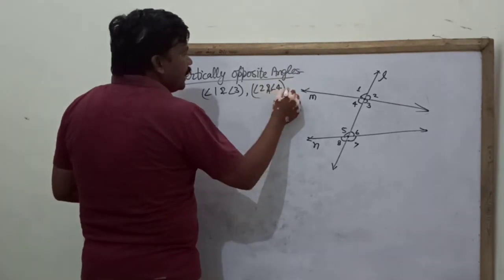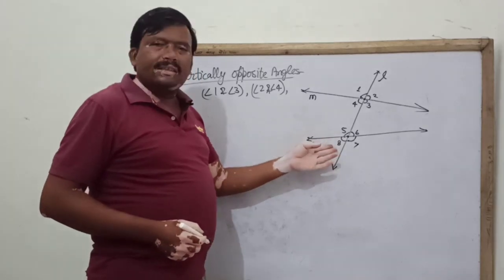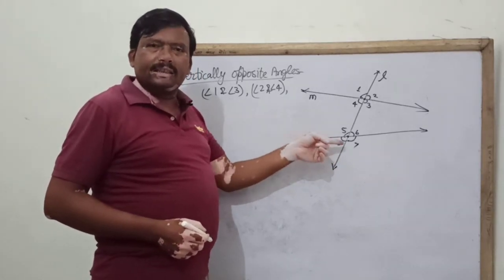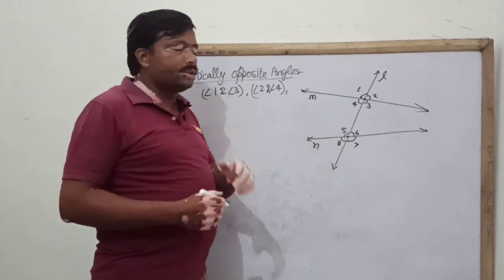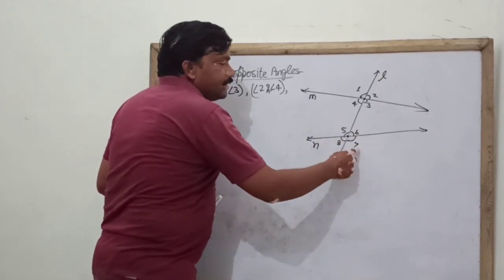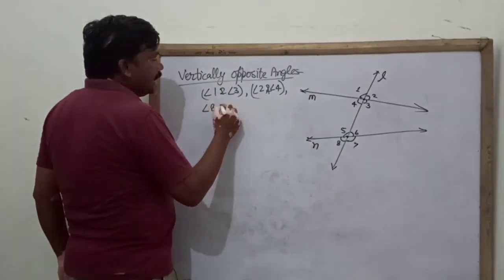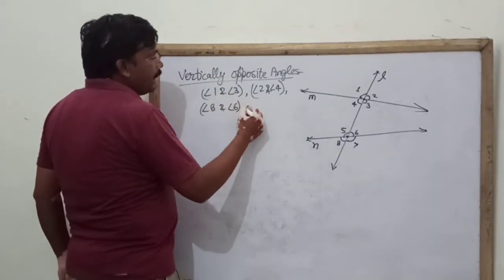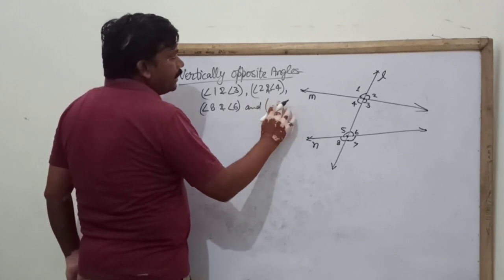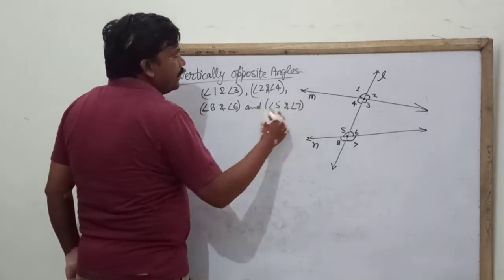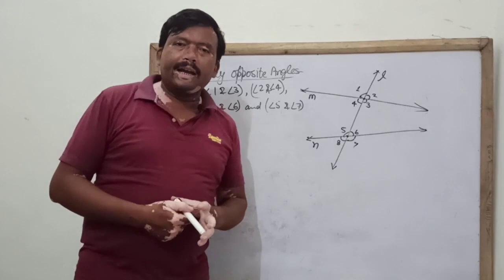But there are also two other lines intersecting each other. Then there will also be two pairs of vertically opposite angles, 8 and 6, 7 and 5. Vertically opposite angles are angle 8 and angle 6, and the next pair is angle 5 and angle 7. These are the pairs of vertically opposite angles.